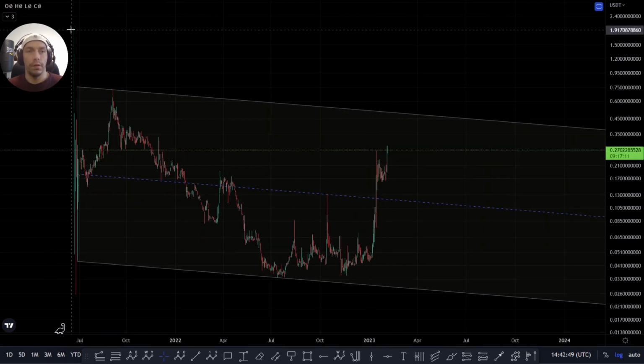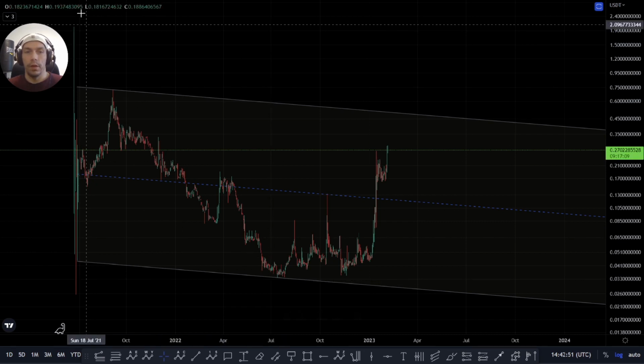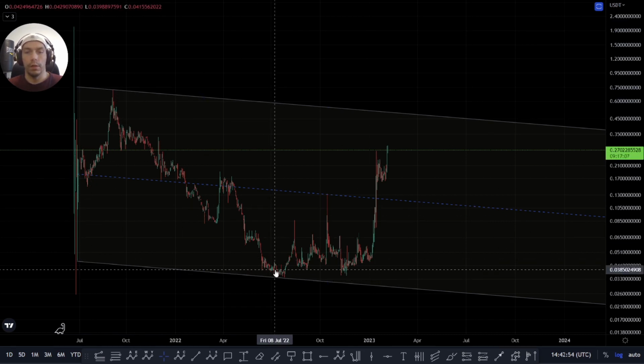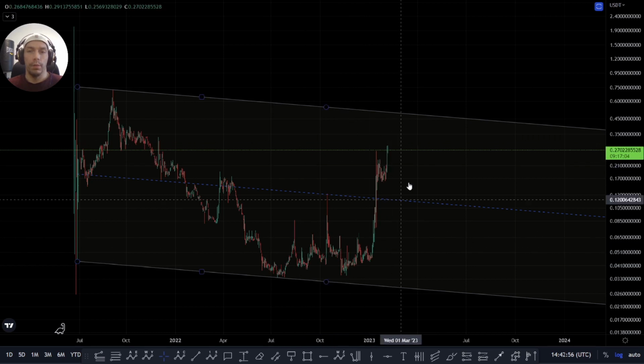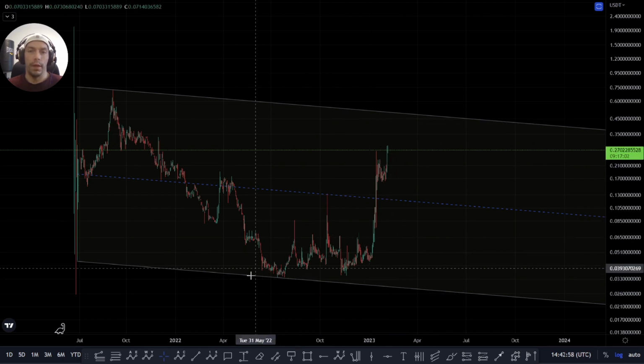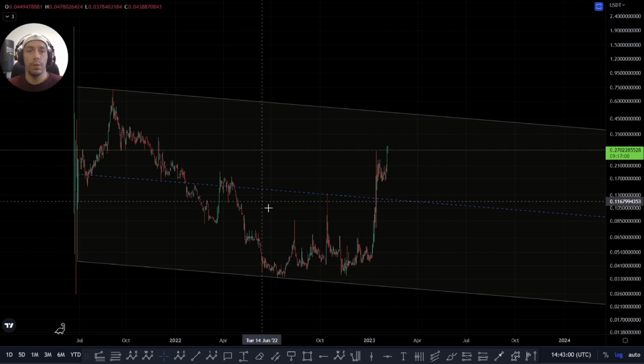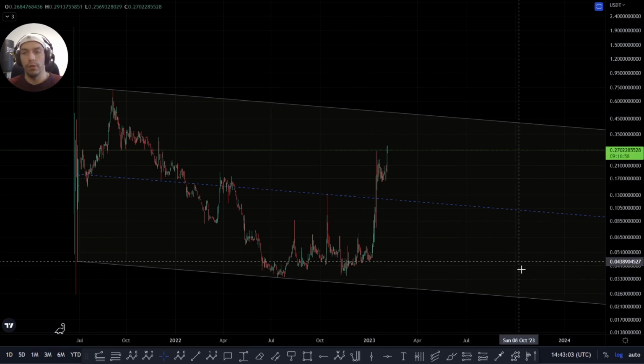There's a couple of things I want to talk about. Within this, obviously, we've come down from this high point here, and for the most part, it just looks like a 3-wave move. Effectively, we have the potential to have a continuation to the upside, or alternatively, this could be a connector wave, and we actually look to break down one more time.